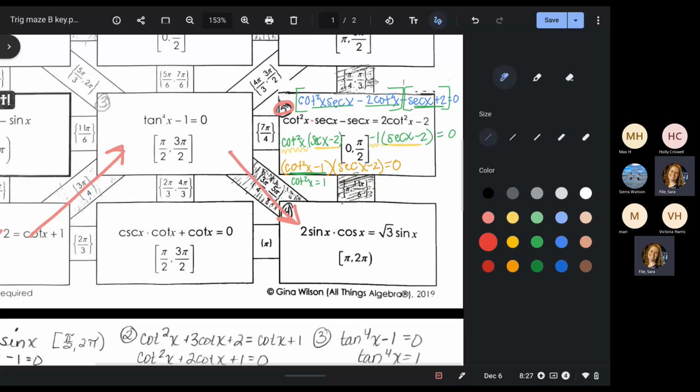And then taking the square root to get rid of the square. But what I do have to remember is that when I take the square root, I have to put plus or minus in front. When you're taking the square root as part of the solving process, that's your opposite operation. You've got to put that plus or minus. If I didn't put the plus or minus, I would only get half of the solutions that I should.